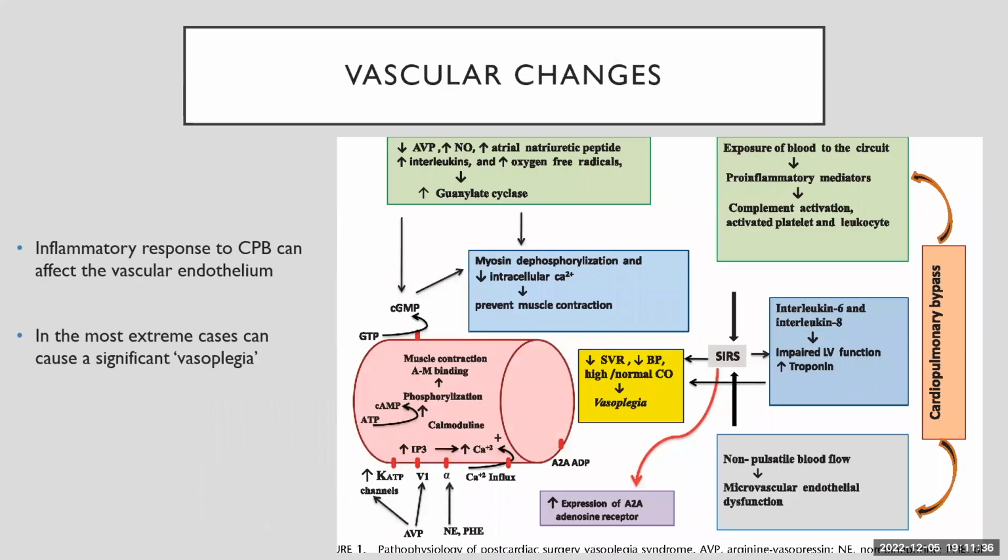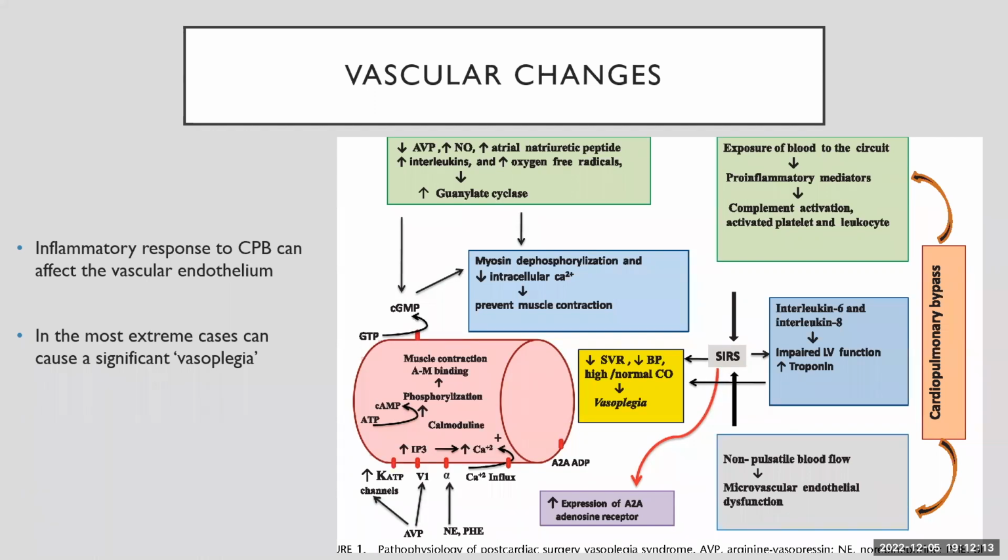Similar to the activation of the cascade and the fluid shifts, this is just to highlight that there are a number of cascades that are activated by the impact of cardiopulmonary bypass, both the direct exposure, as I've been alluding to, of blood components and the PVC of the circuit, and similarly the alteration in flow characteristics, where many a time cardiopulmonary bypass is performed with non-pulsatile flow.